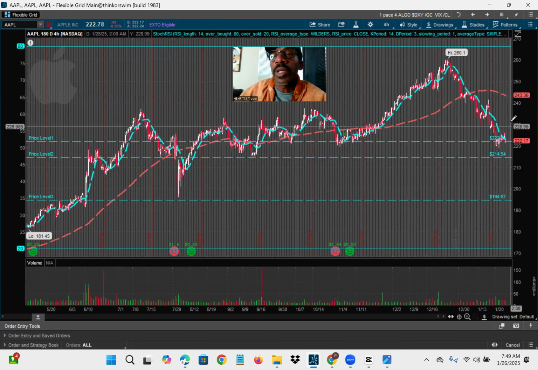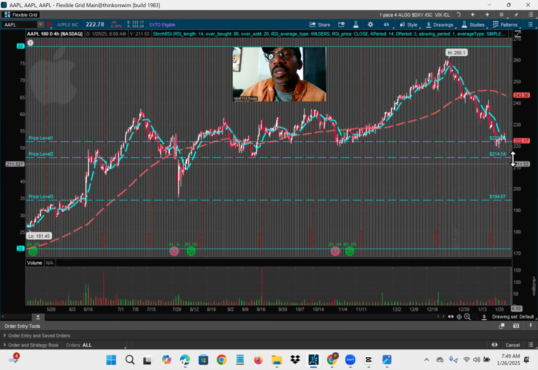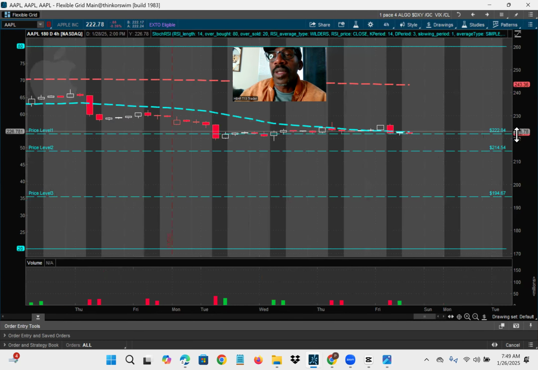Or it may come back up and retest, create another lower high. Okay, this is a strong lower high. Boom, then it may come back up and then go back down. 230, 235, 240. Just keep looking.